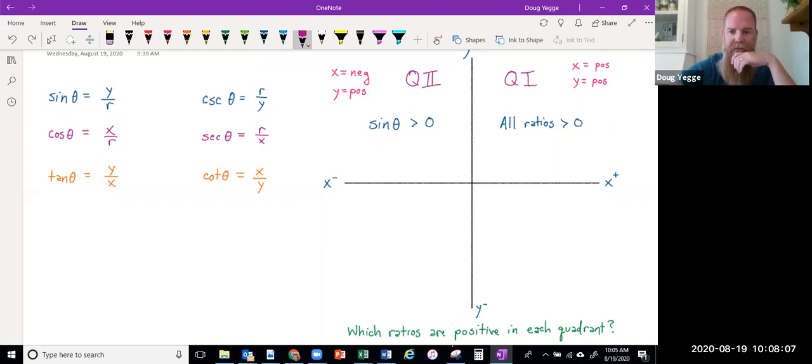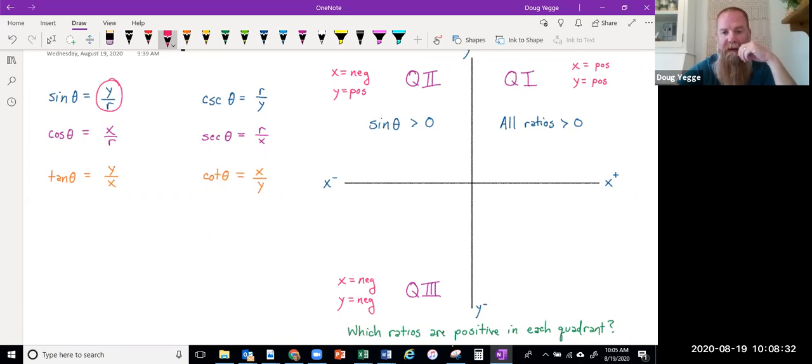at quadrant 3. So now in quadrant 3, we should realize that x is negative, but so is y. So both values of x and y are negative. Keep in mind, though, that r is always positive. So if I take y over r, then that quantity would be negative.